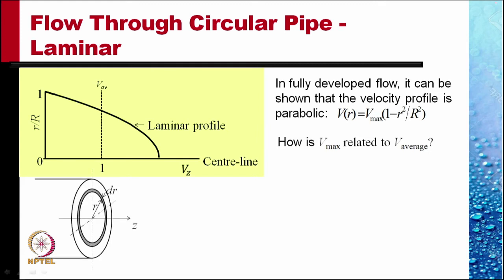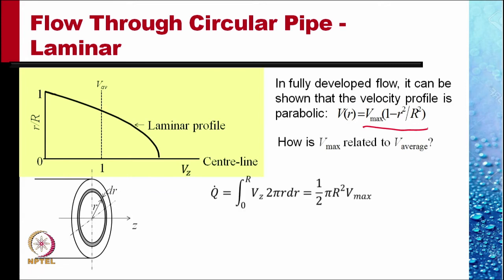The process is that we consider a ring of thickness dr at radius r. The velocity there is given by the formula given here, V max into 1 minus r square by capital R square, and so we can set up integration.